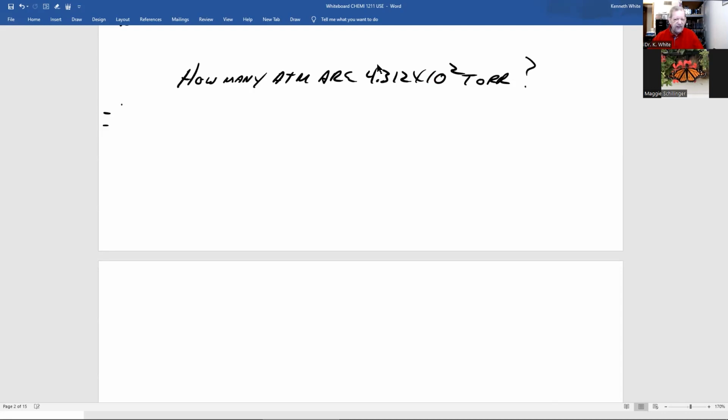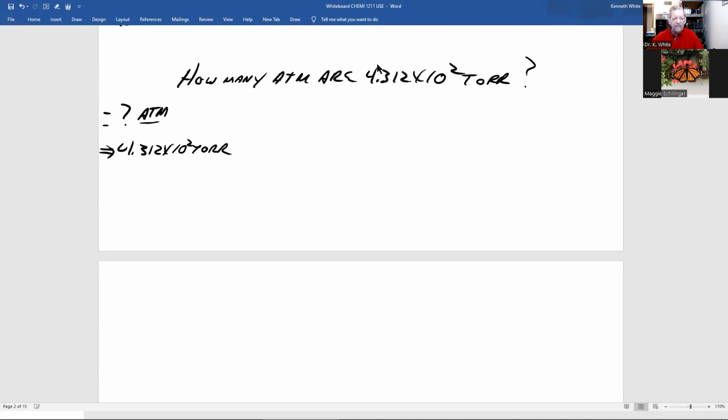And the answer is you're trying to find how many ATM. ATM means atmospheres. It's a unit of pressure. And you're given this number. Well, this is the only number we have to work with.